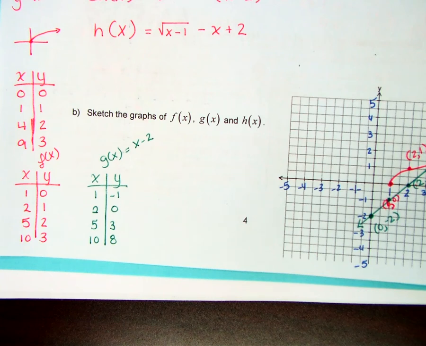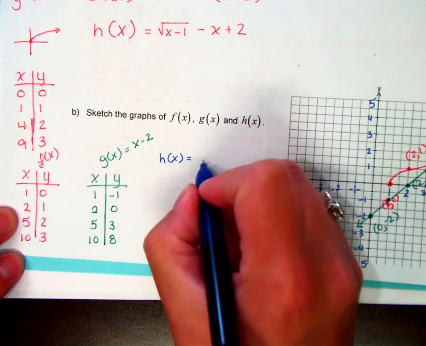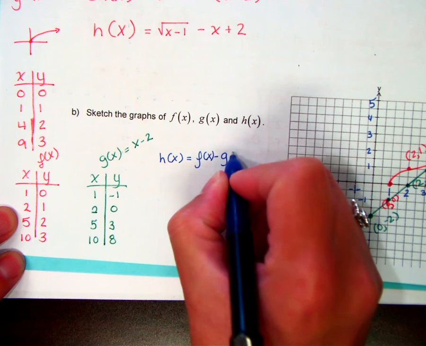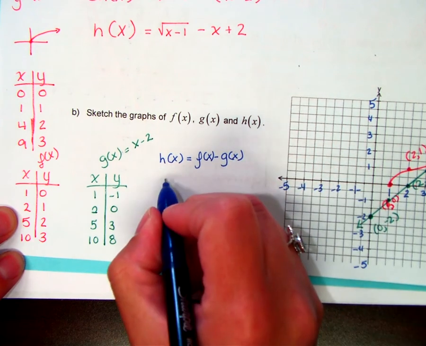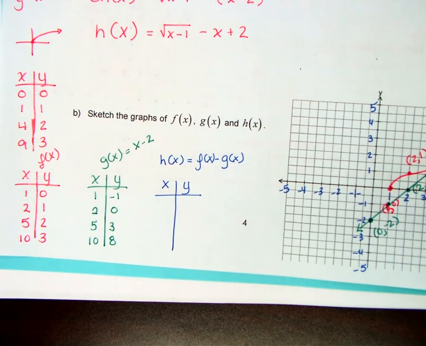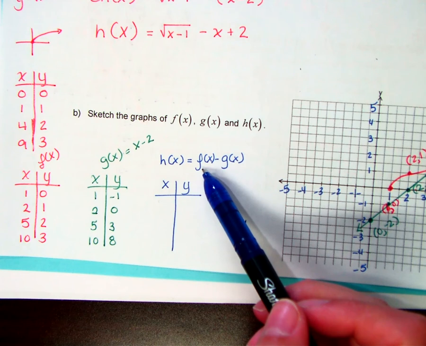Okay, everybody got this table down? No? Okay, so here's the deal. Because the two are subtracted, what can we replace f of x with?